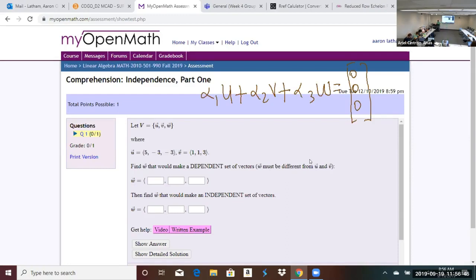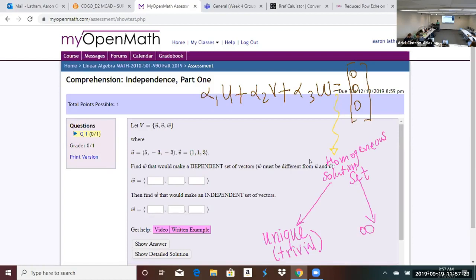This is equivalent to a homogeneous system, and we're interested in the solution set of this homogeneous system. There are 2 choices here: one with a unique solution, which would be the trivial solution, meaning all zeros, and another case with infinitely many solutions.